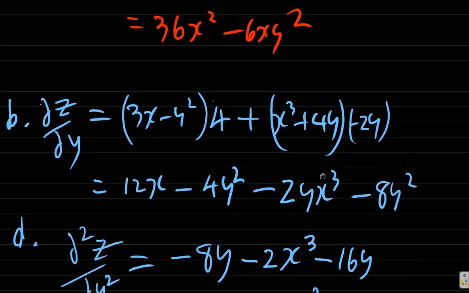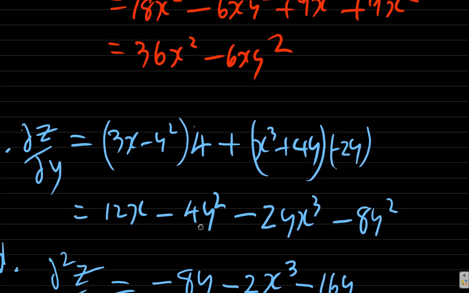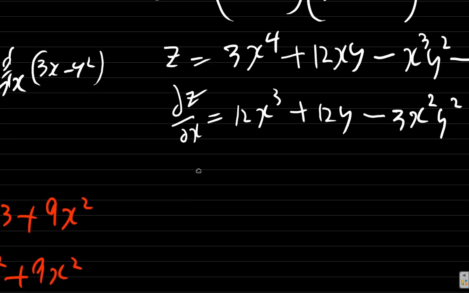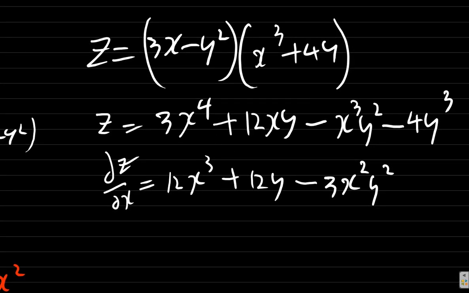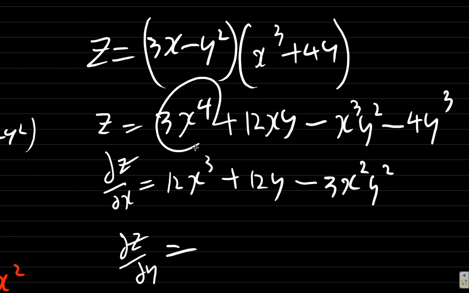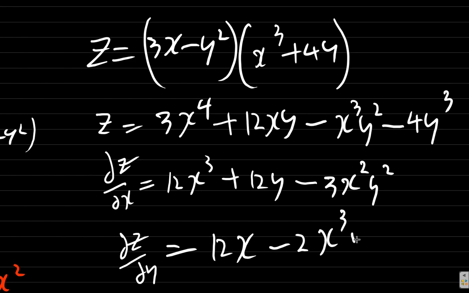Also delta z by delta y. This is what you got without multiplying out the bracket. But suppose you had multiplied out the bracket first, what would you get? Delta z by delta y equals, this amounts to 0, that's gone. This would be 12x, this is minus 2x cubed y, minus 3 fours 12y squared.